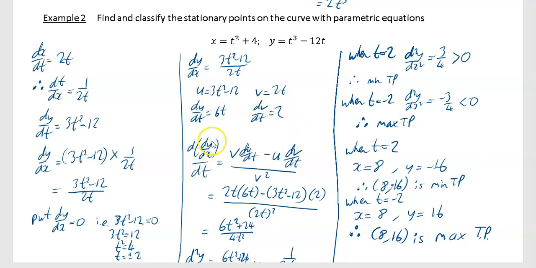So this is us differentiating your dy by dx with respect to t. It's v du by dt minus u dv by dt all over v squared. I've subbed all of that in. You can see that's my v, my du by dt, my u, my dv by dt, and that's my v, and it gets squared. And I did that, and I got 6t squared plus 24 all over 4t squared.